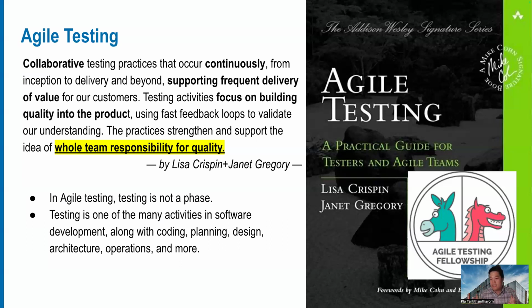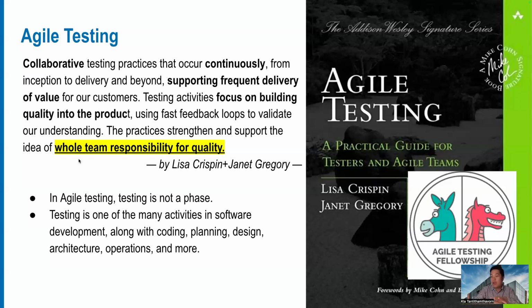This is the definition by Lisa Crispin and Janet Gregory. I just want to emphasize the initial keywords here: collaborative, continuously, support the frequent delivery of value. This aligns with the agile principles and agile values. But the key point of agile testing should be the whole team responsibility. This is really what I want to emphasize.